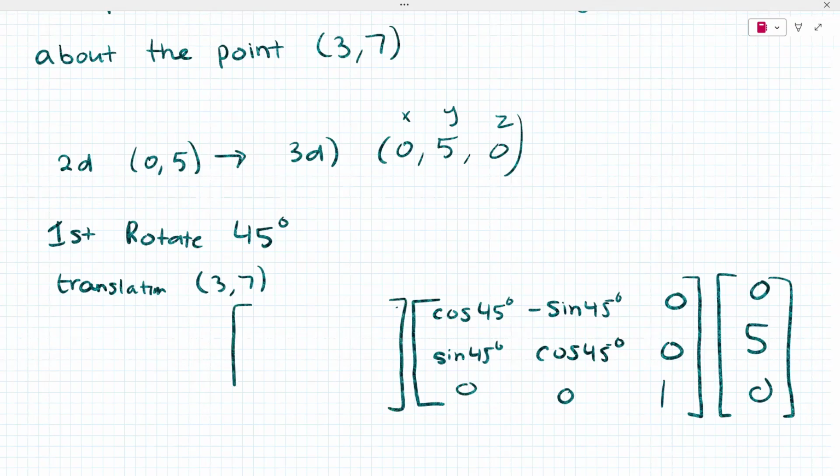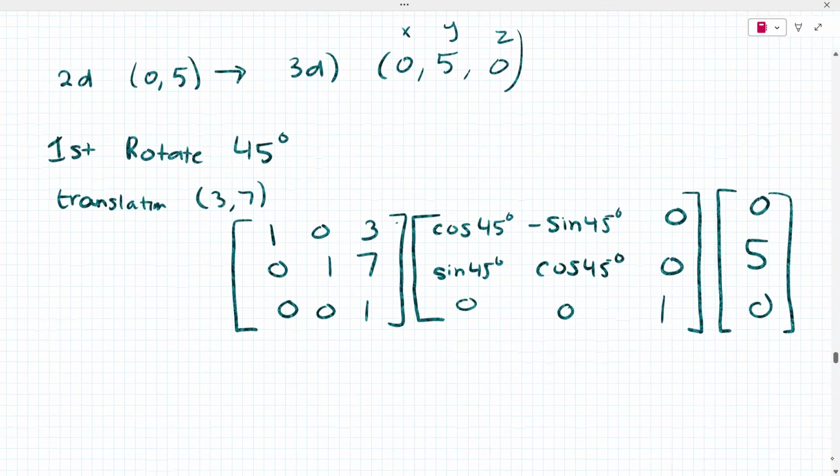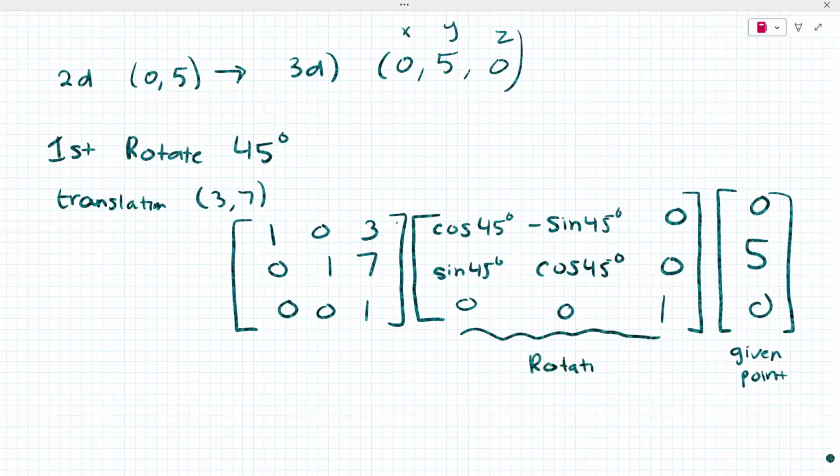So this matrix would be expressed as 1, 0, 3, 0, 1, 7, 0, 0, 1. Okay, so recap: we do our first command and we put that matrix on the far right. The first command was the given point, or the first translation. The second command was a rotation. And then the last command was a translation.